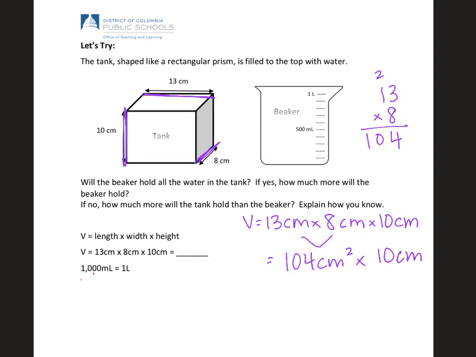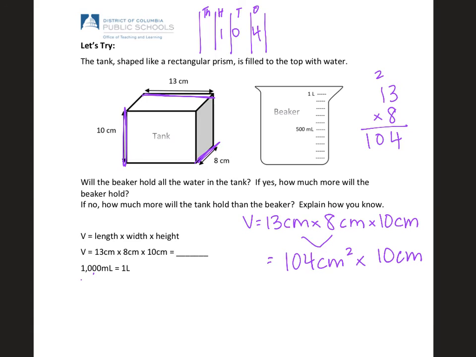Now we're going to multiply 104 times 10. So I want you to imagine that the 104 is moving to the left one place on the place value chart. If you need to draw a place value chart, you can. So ones, tens, hundreds, thousands. All right, so that would mean that we have 104.